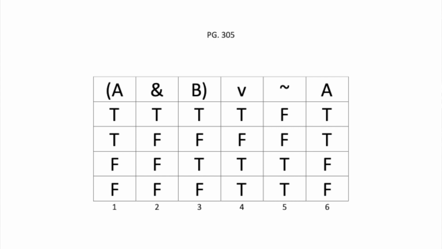You're going to be assessing the truth value of the disjunction, P or Q, according to the 2 disjuncts. The truth values of the 2 disjuncts are represented in columns 2 and 5. Column 2 gives you the truth value of the conjunction, which is the first disjunct. Column 5 gives you the truth value of the negation, which is the second disjunct.